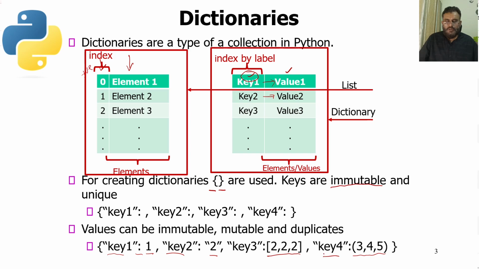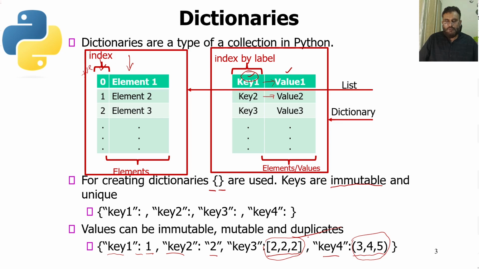So as we had a restriction on the keys that these are immutable, which cannot be changed, the values can be immutable, mutable, or duplicates. So when we say immutable, it means types like tuple, which cannot be changed once they have been created. When we say mutable, it means we can provide types like the list, whose value can be changed because of their mutability property.